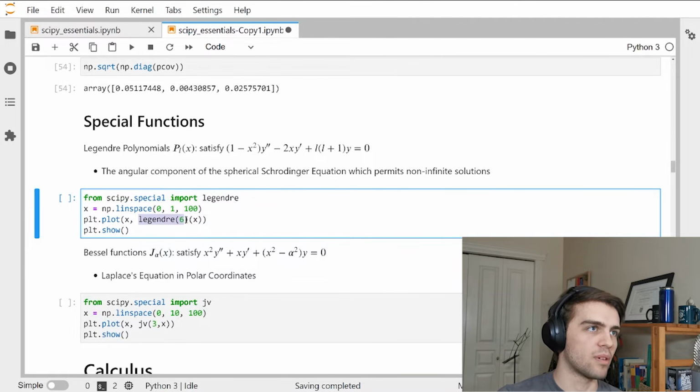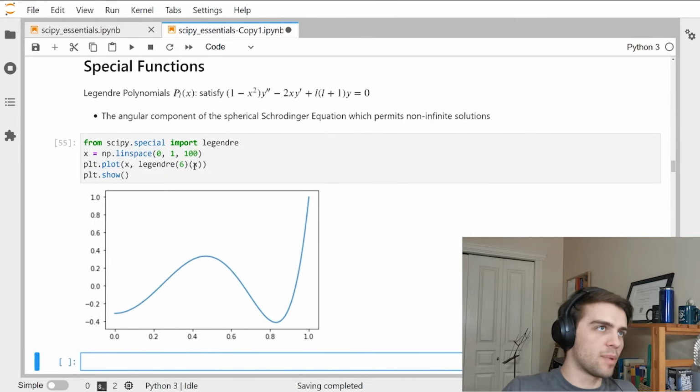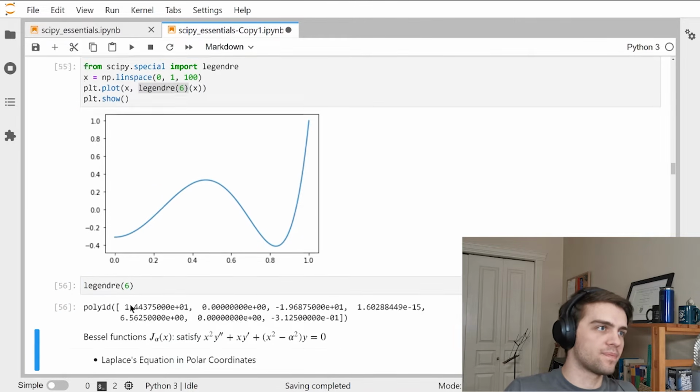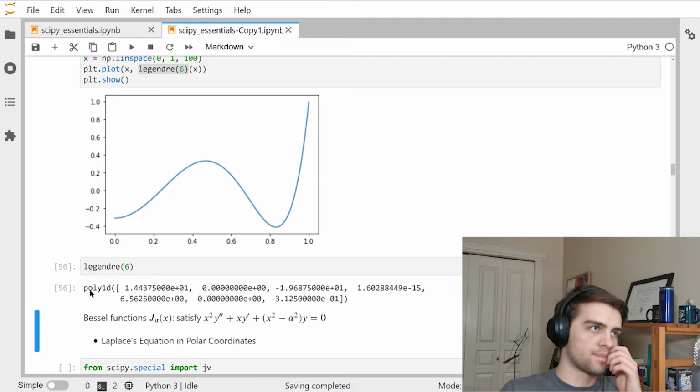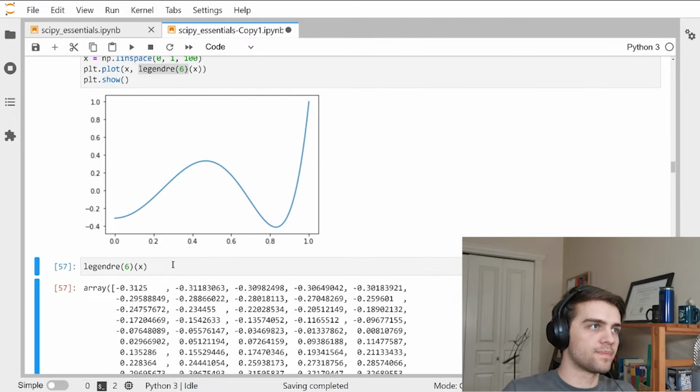And in order to get this function, notice that I give Legendre 6. That specifies my value for L. So Legendre 6, let me just show this first. So this is my Legendre function. Going into it in a little bit more depth, Legendre 6 itself is a function. It's a polynomial function. And if I give it a value of x, it will evaluate that polynomial.